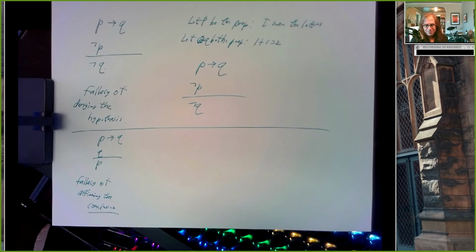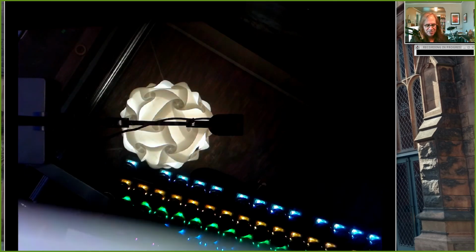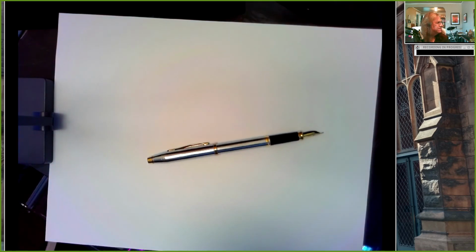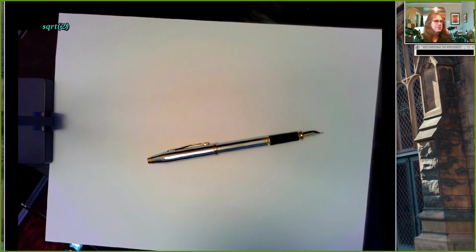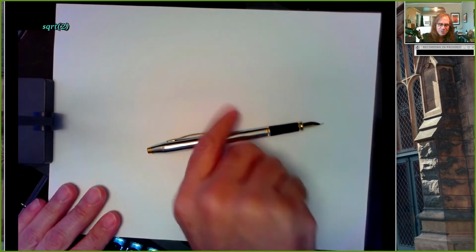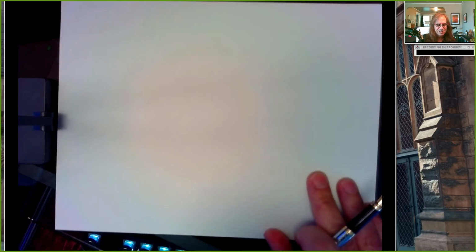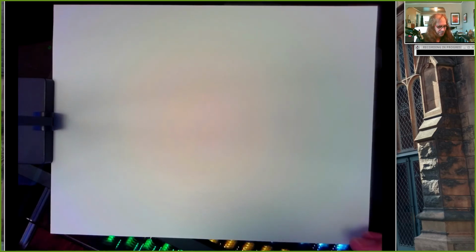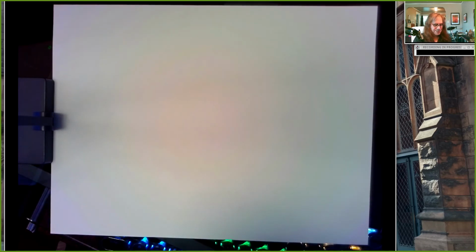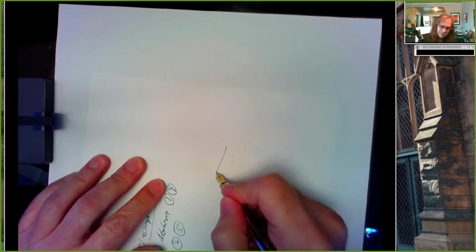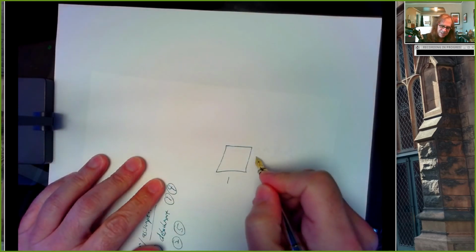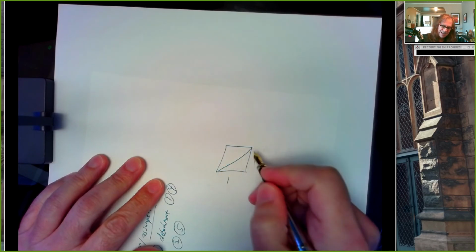All right, got a few minutes left. Let me leave you with a fun thing to think about, which is the square root of 2. So this is what I mentioned in the beginning of the course about the Greeks and the idea that if you make a square with sides of length 1, you have a diagonal.